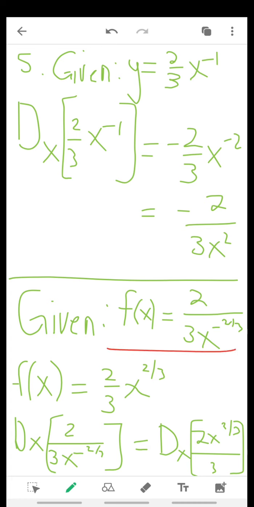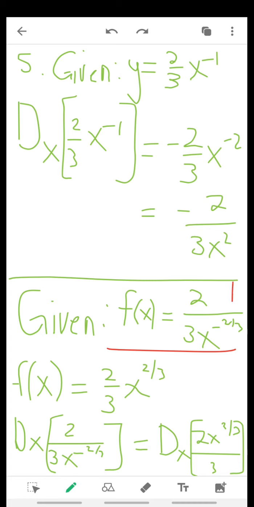Now next up, I've got f of x equals 2 over 3 x to the power minus 2 over 3. So remember, this can be written as 2 over 3 multiplied by 1 over x to the power minus 2 over 3. So the 1 over represents a negative. It means the negative in the exponent here and the negative from 1 over will become positive.